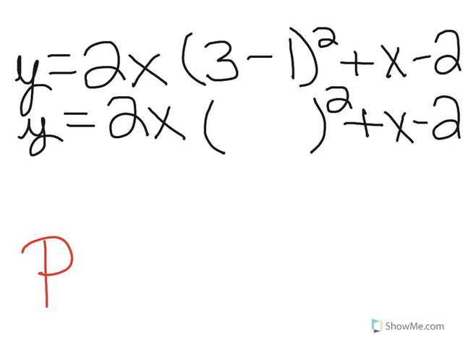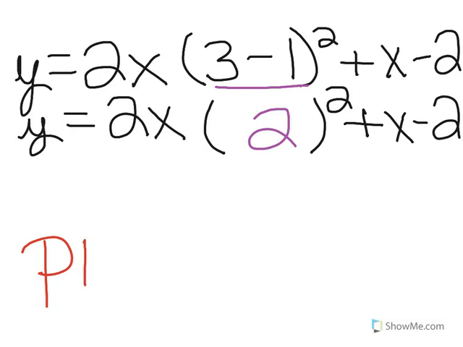Now, we're going to solve what's inside of the parentheses, and that will be 3 minus 1, which is equal to 2. So that is the P in PEMDAS.